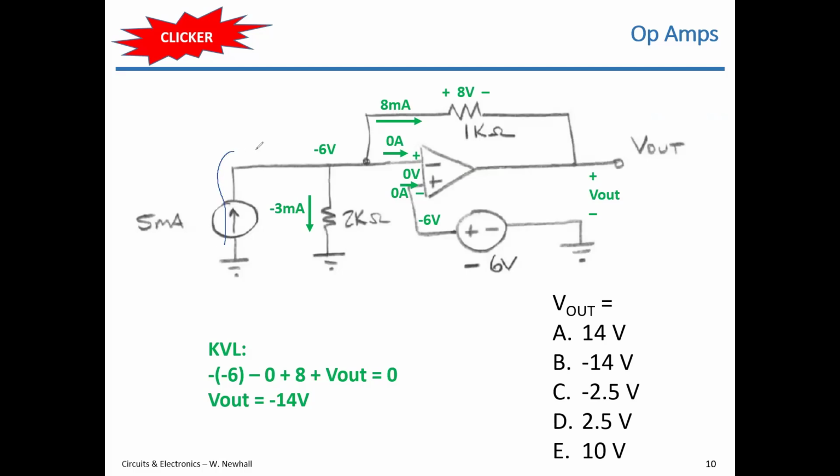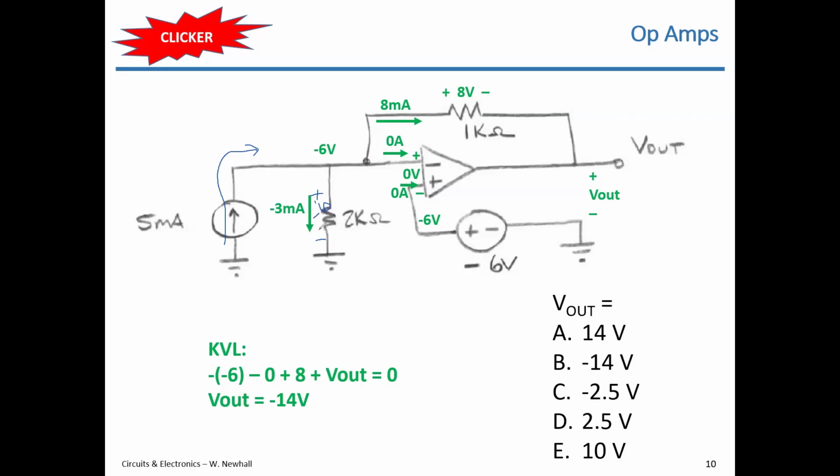So coming up this direction, I have 5 milliamps, right? Because that's coming in through that source. From this 6-volt node voltage, let me write the polarity in here, plus minus, I have minus 6 volts. That's minus 6 volts with that polarity across that 2K ohm resistor.